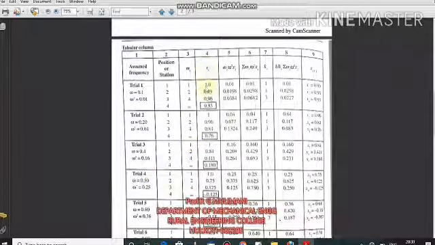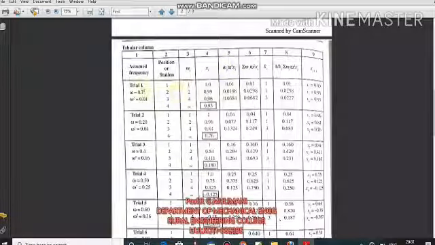Next, displacement. In the displacement column, we are assuming the displacement; the first displacement we are writing as 1. Next, in the fifth column, it is inertia force. We are calculating inertia force by m_i omega square x_i. What is m? It is the mass.